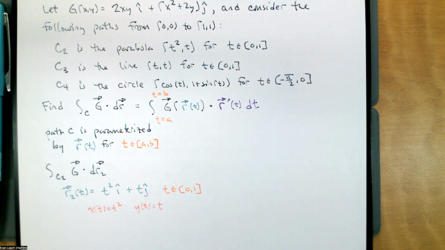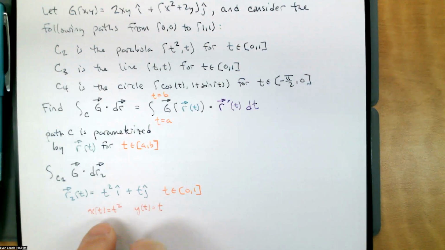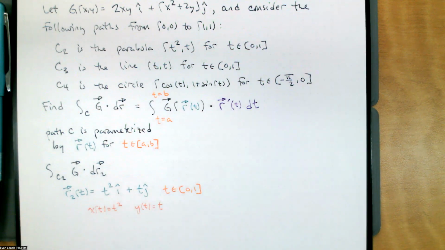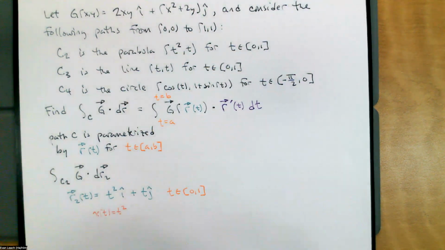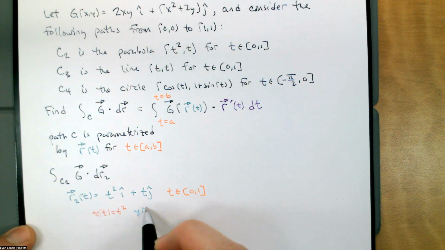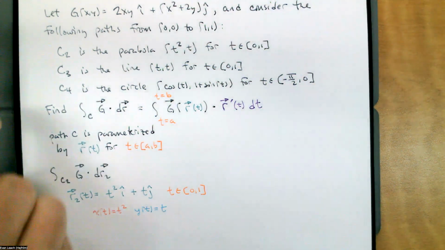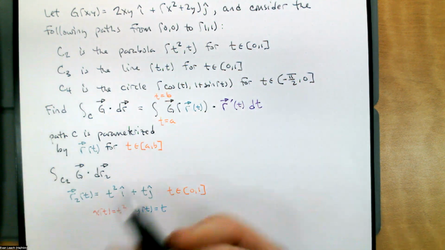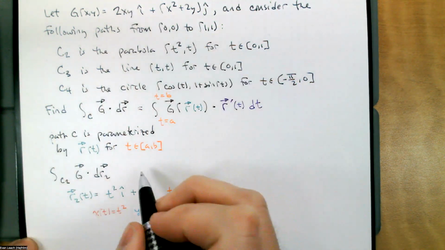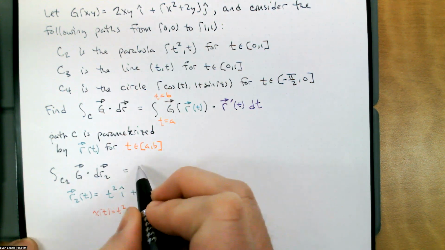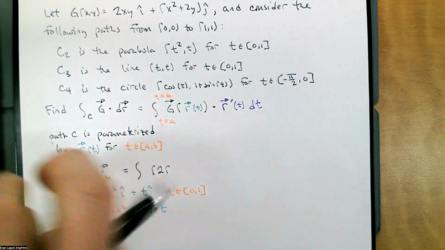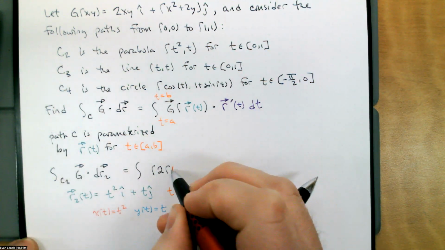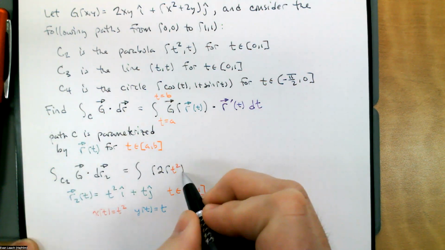So we need to evaluate the vector field G at this x and y. So the vector field G is 2 times x times y. I'll have the i component is 2 times x, which is t squared, times y, which is t.